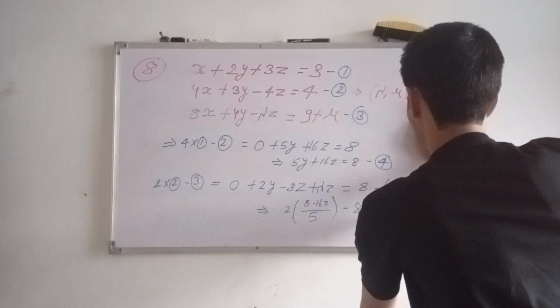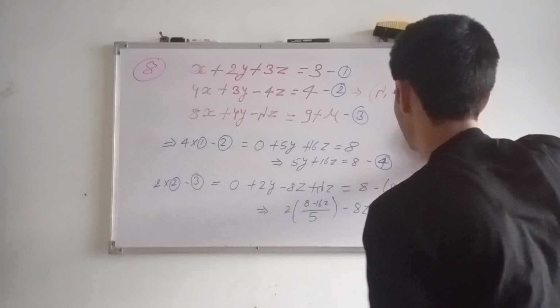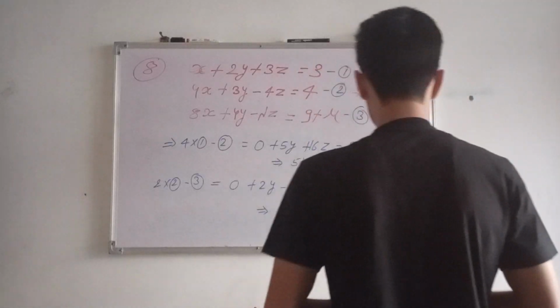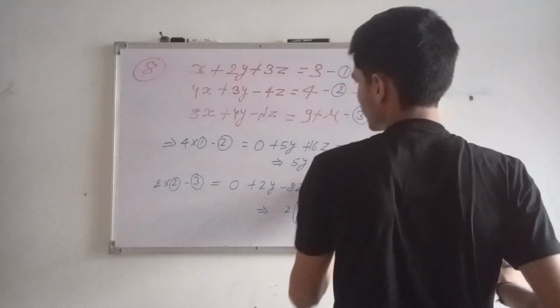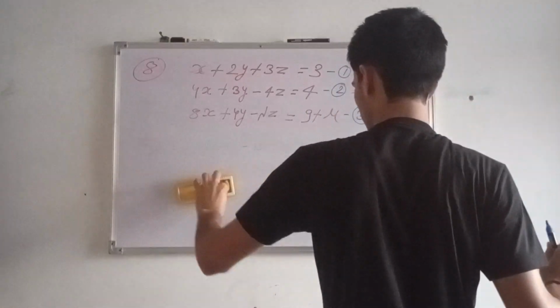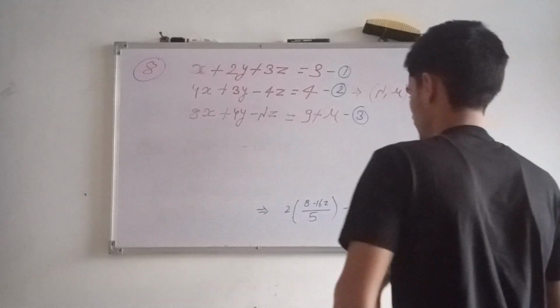Plus lambda z is minus 1 minus mu. We will simplify this. So we have this equation in terms of z, mu and lambda.